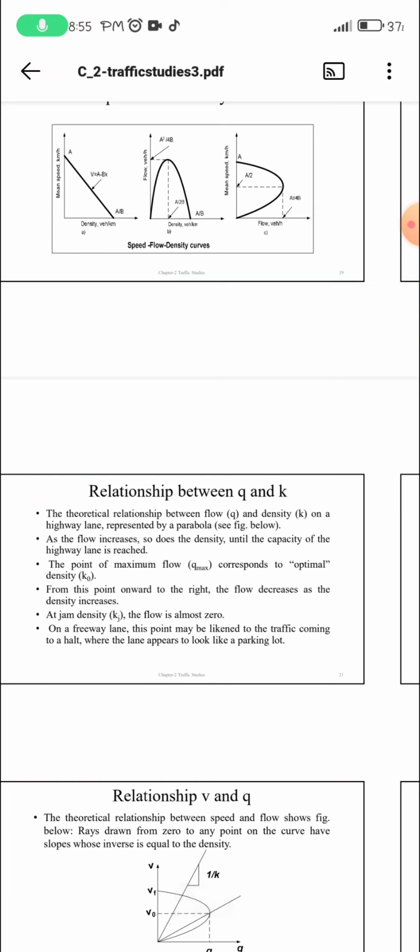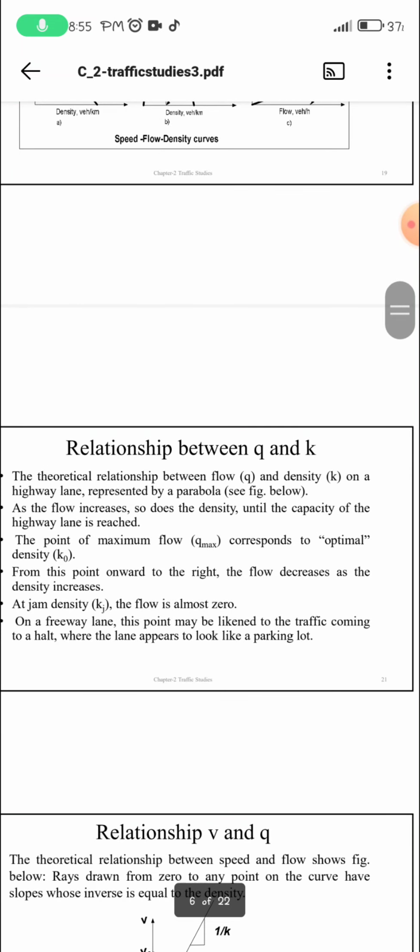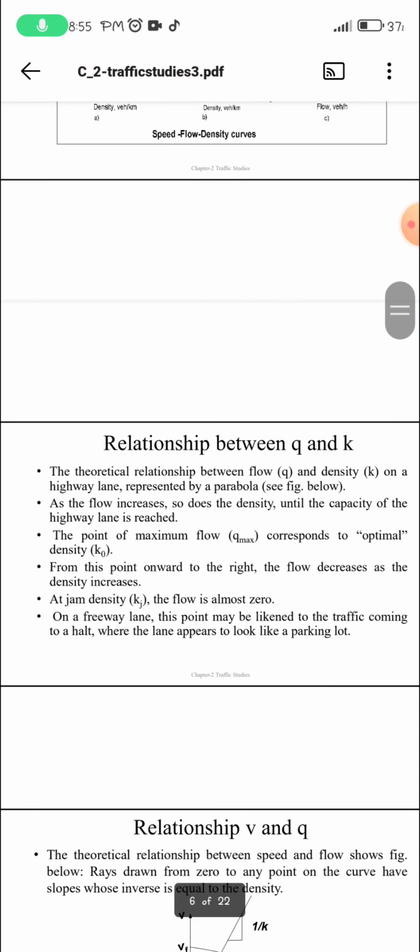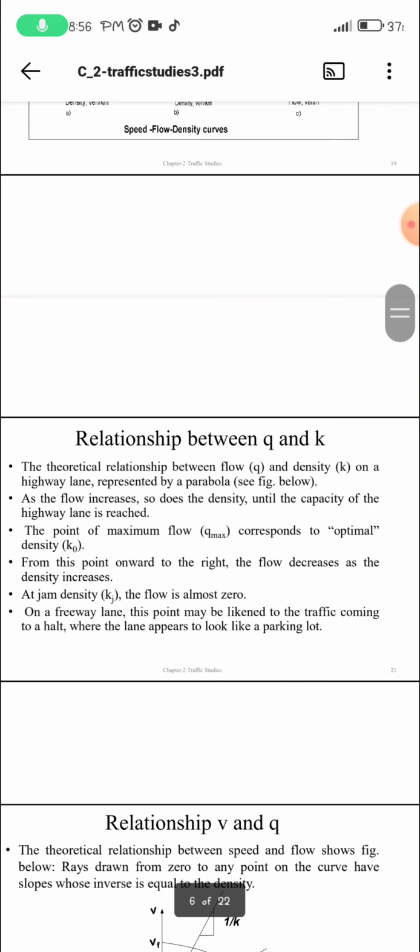Relationship between Q and K. The theoretical relationship between flow Q and density K on a highway lane is represented by a parabola. As the flow increases, so does the density until the capacity of the highway lane is reached.